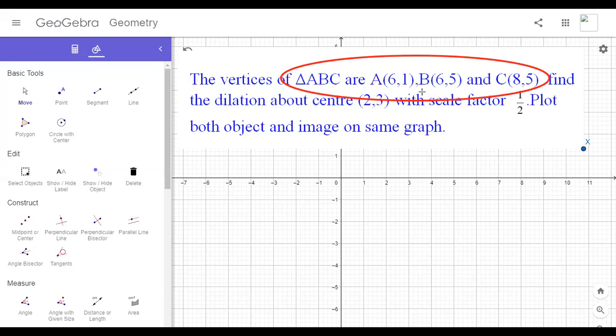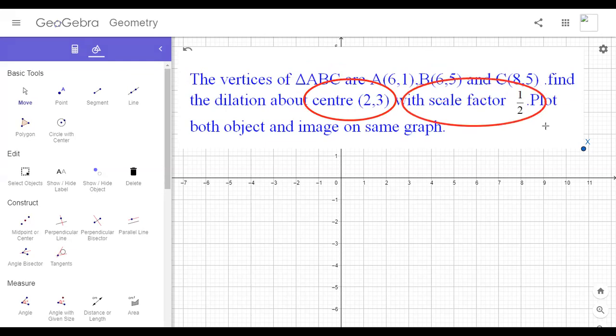We are going to dilate this object by taking the center of this dilation at the point 2, 3. The point 2, 3 is the center of this dilation, and the scale factor is 1/2.